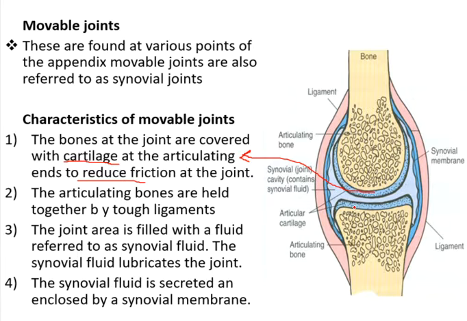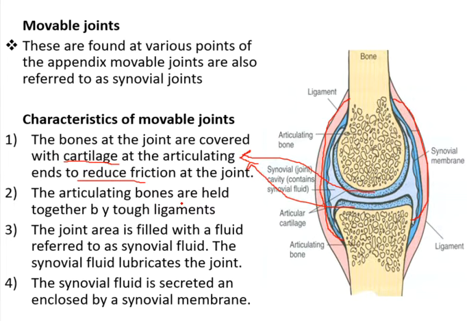Then another one is here, the cartilage of the two bones. Then the articulating bones are held together by tough ligaments, as you can see, and the role of the ligaments is just to attach bone to bone. You can see this upper bone articulating with the lower bone, and we have a ligament connecting the two.